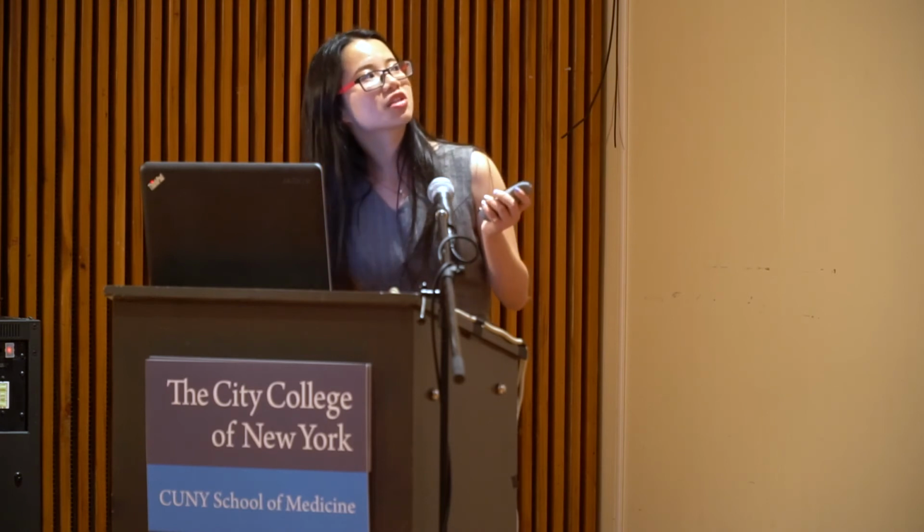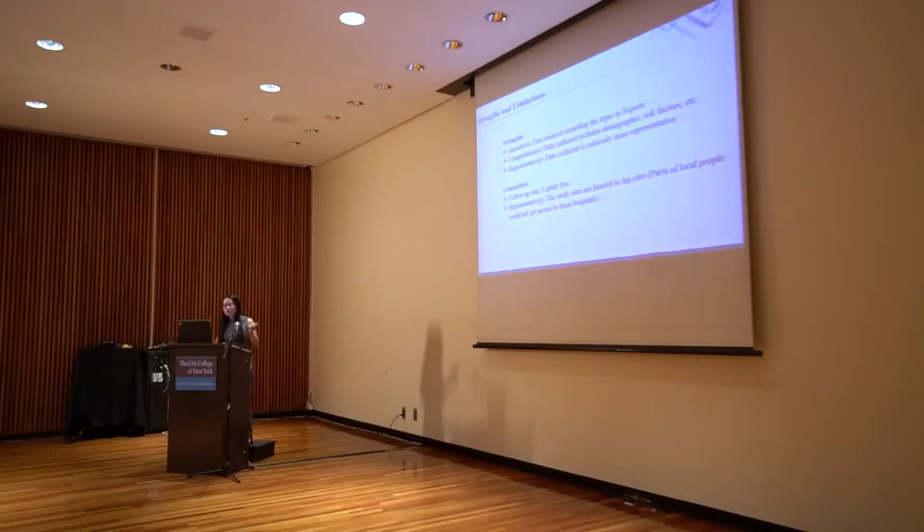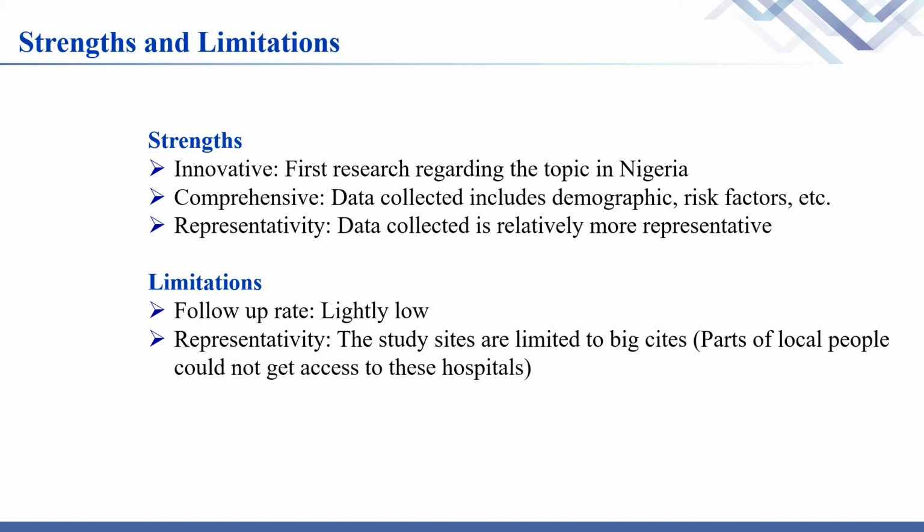Strengths and limitations of our study. I do believe the strengths outweigh the limitations because it is the first research on this topic in Nigeria, and the data we collected are comprehensive. It includes demographic information, risk factors, biomarkers, and DNA data.